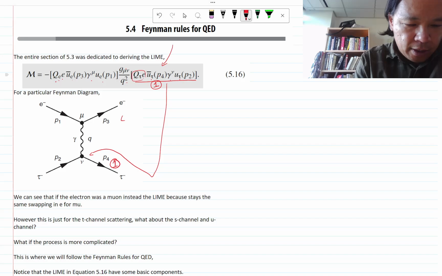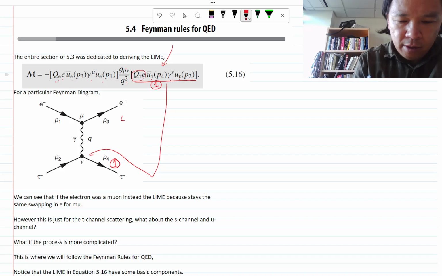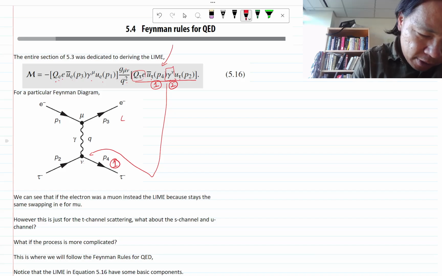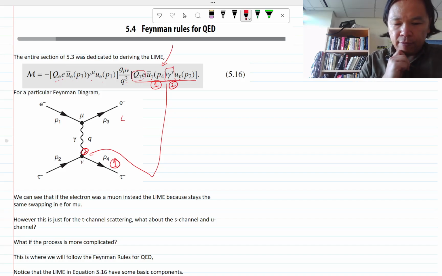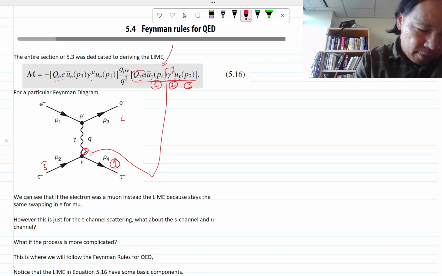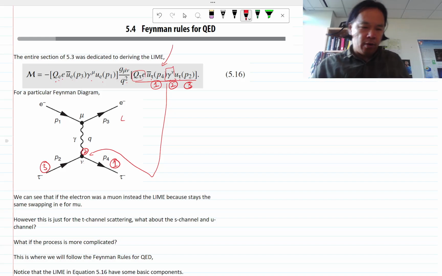This middle piece with a nu, gamma nu. The reason for it to be gamma nu instead of gamma mu is because you already used mu here, so you can't use the same index twice. This piece here, I'm going to label that 2, came from the photon here, the middle. And then the last piece here, P2, came from the incoming particle.